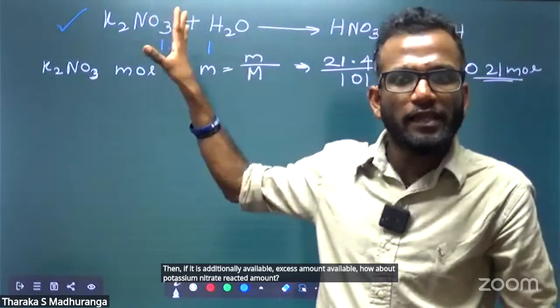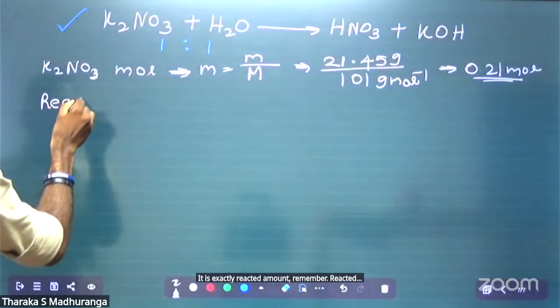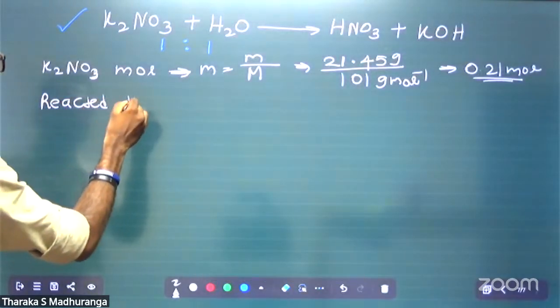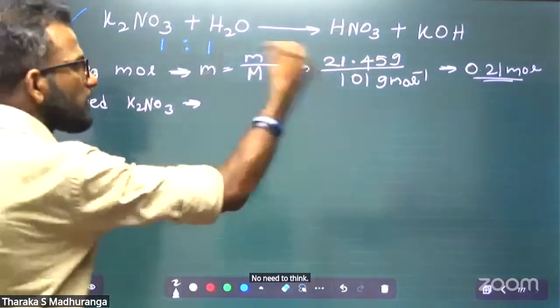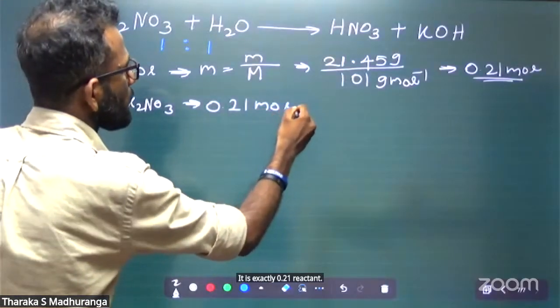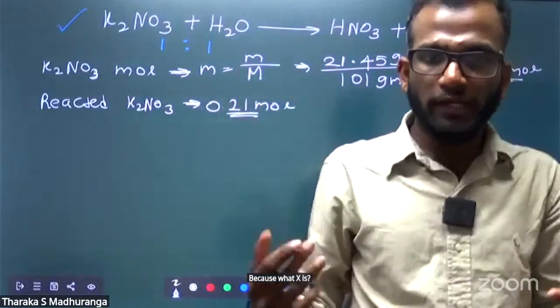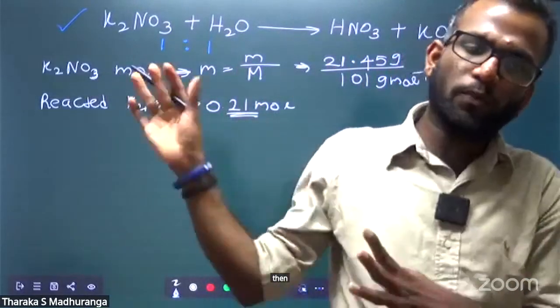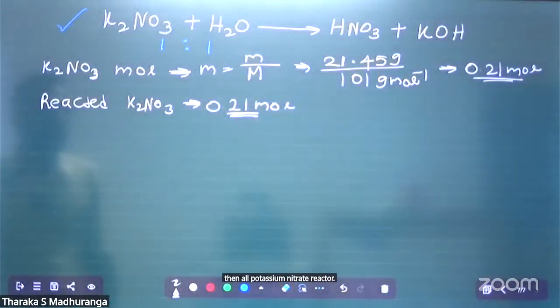It is exactly the reacted amount. Remember, reacted KNO3, no need to think. It is exactly 0.21 reacted because water is in excess. Potassium nitrate is limited. Then all potassium nitrate will be reacted.